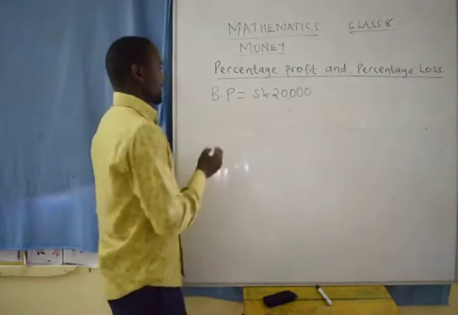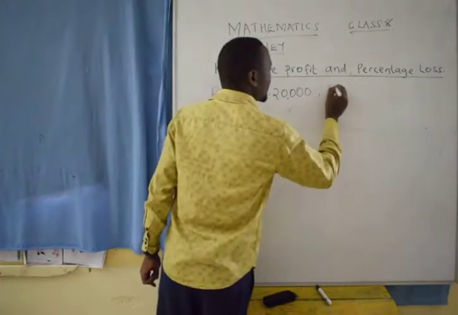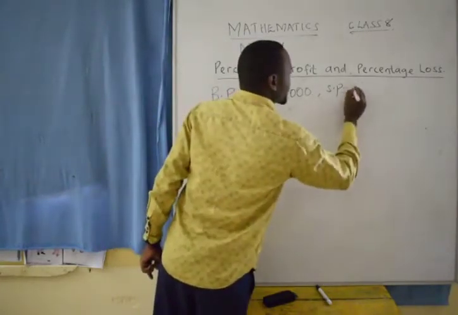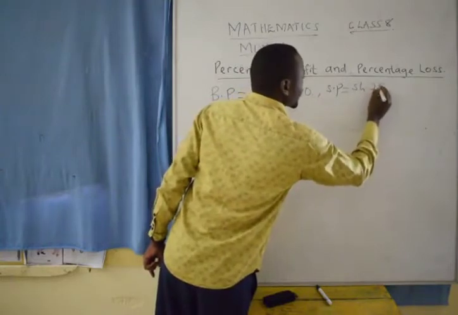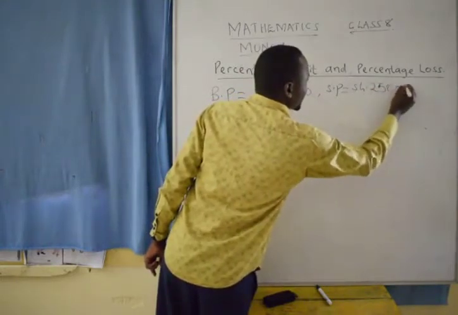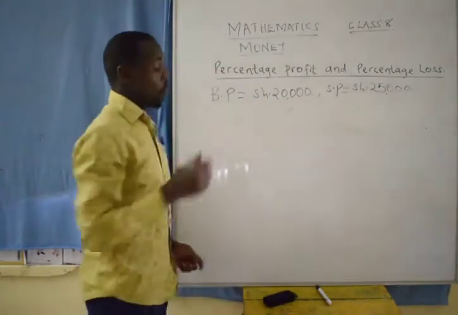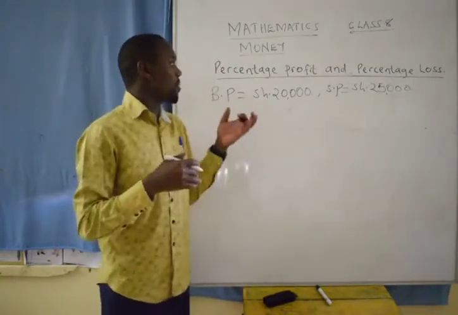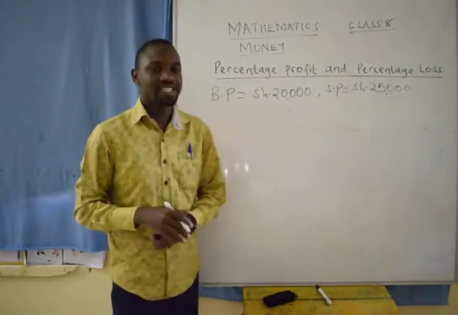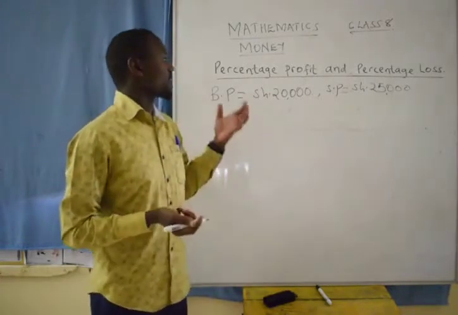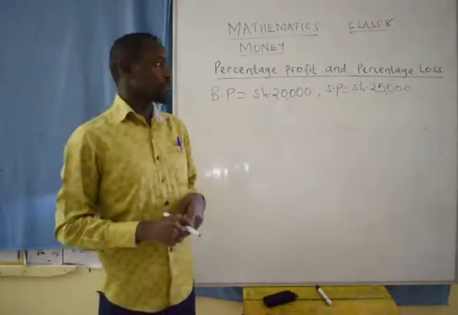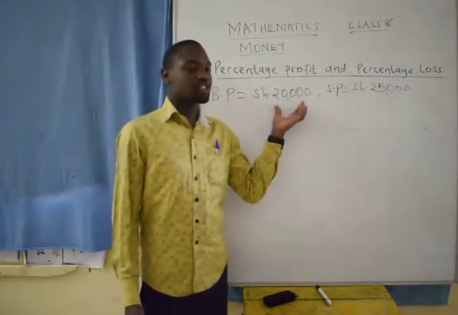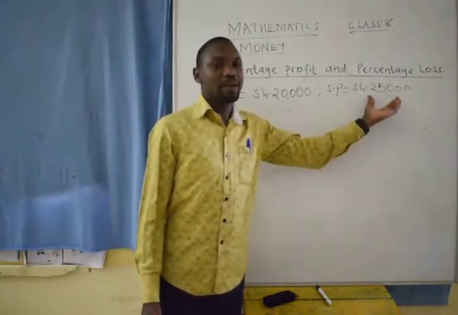After 3 months, he sold the cow at 25,000 shillings. Calculate his percentage profit. This person bought the cow at 20,000 shillings and sold it at 25,000 shillings.